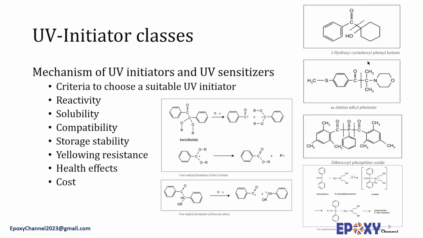Benzyl and its alkyl derivatives also need hydrogen donors, and they are capable of absorbing UV light up to wavelengths of 450 nanometers. And so, they are perfect for pigmented UV paints. However, their tendency to yellowing is comparably much higher, which has restricted their use.